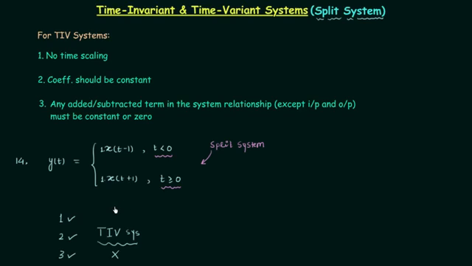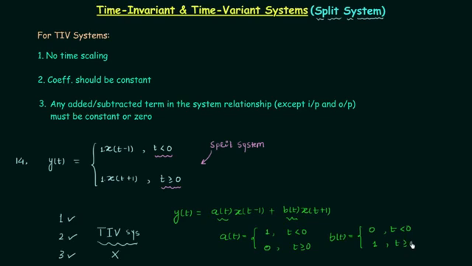The system is not time invariant, it is time variant, and I will explain why by writing the system relationship in another form. y(t) is equal to a(t) x(t minus 1) plus b(t) x(t plus 1), and here a(t) and b(t) are defined like this. a(t) is equal to 1 when t is less than 0, and it is equal to 0 when t is greater than or equal to 0. b(t), on the other hand, is equal to 0 when t is less than 0, and it is equal to 1 when t is greater than or equal to 0.